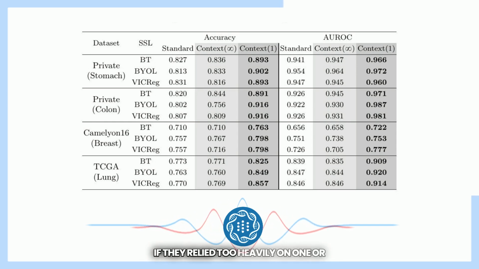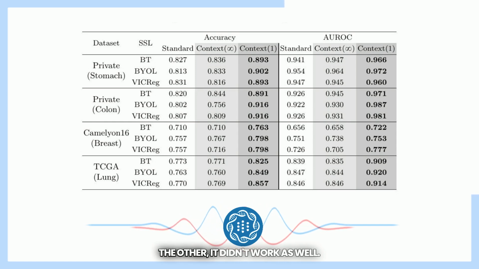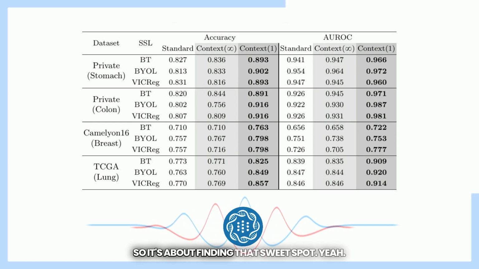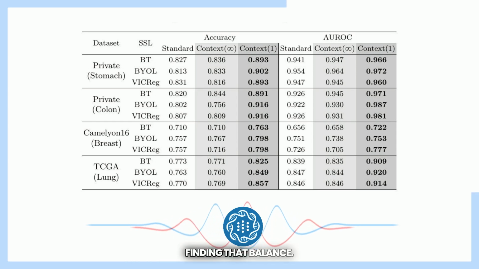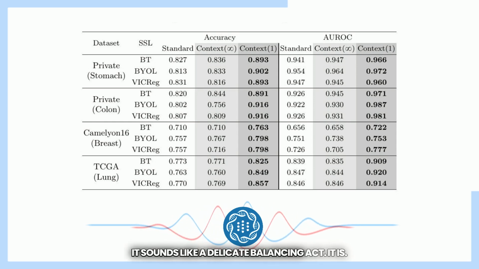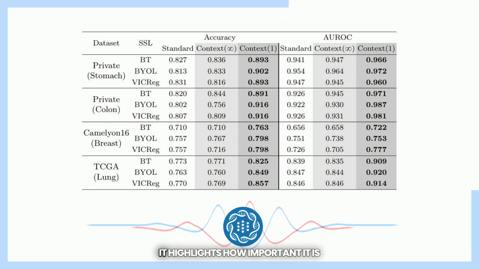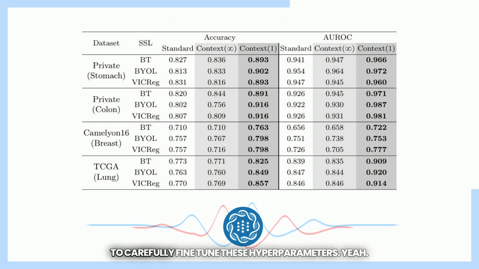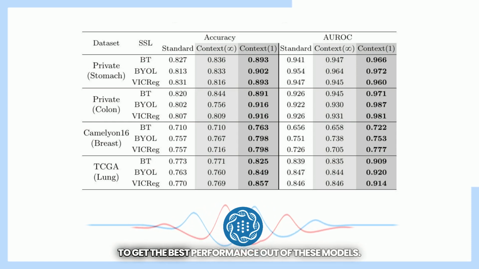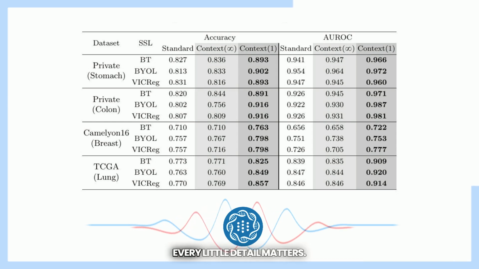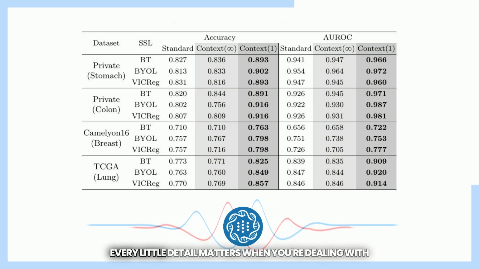If they relied too heavily on one or the other, it didn't work as well. So it's about finding that sweet spot. Yeah, finding that balance. It sounds like a delicate balancing act. It is. It highlights how important it is to carefully fine-tune these hyperparameters to get the best performance out of these models. Every little detail matters.